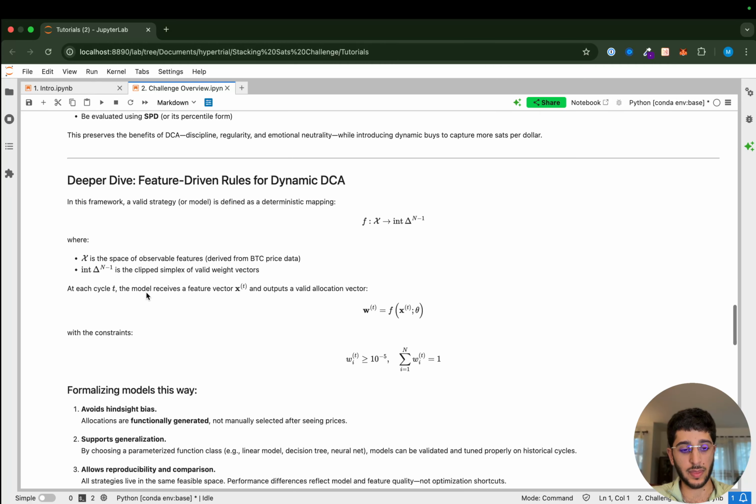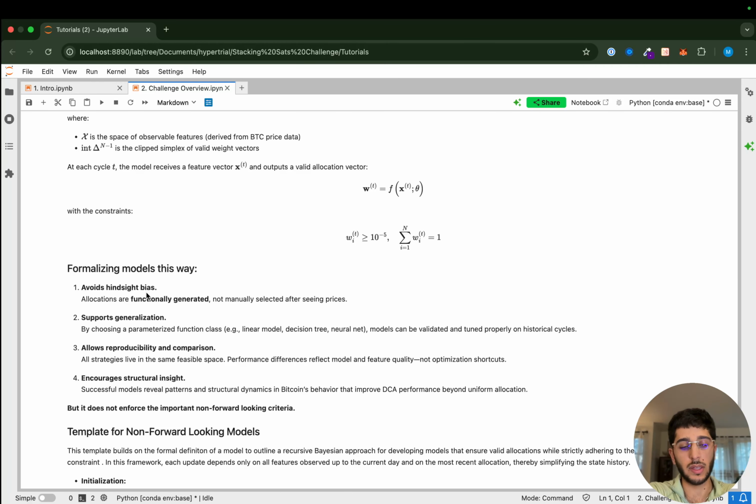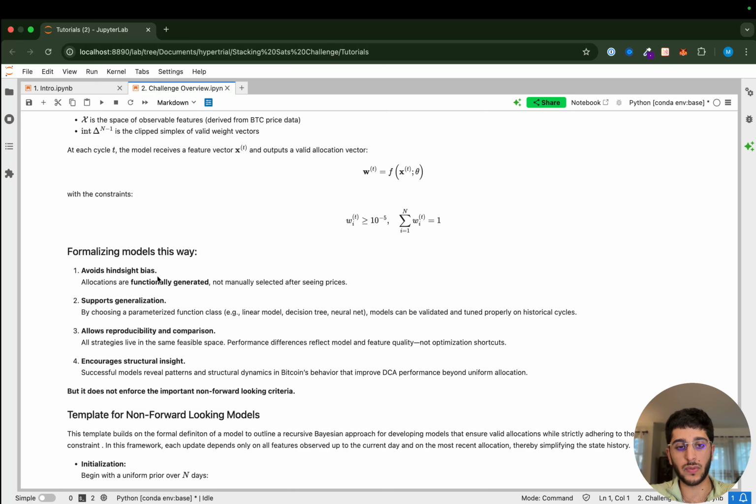The thing that's important is that when we formalize our problem this way, and ensure that our models adhere to this sort of structure, it ensures that we avoid any sort of hindsight bias, because otherwise it becomes obvious that you should perhaps buy on this day or that day when the day has already occurred. It's quite obvious that you should have bought Bitcoin, let's say, all the way back in 2010 when it was less than $1, but that isn't really useful for us today.